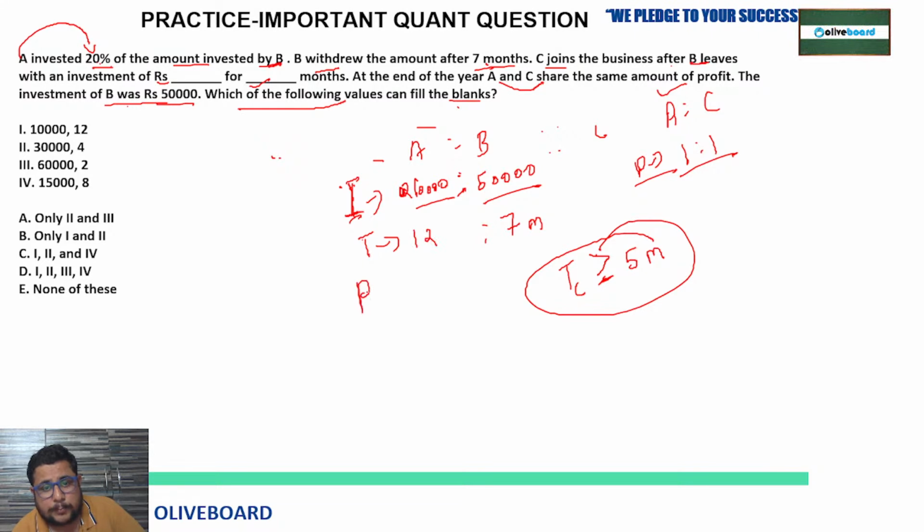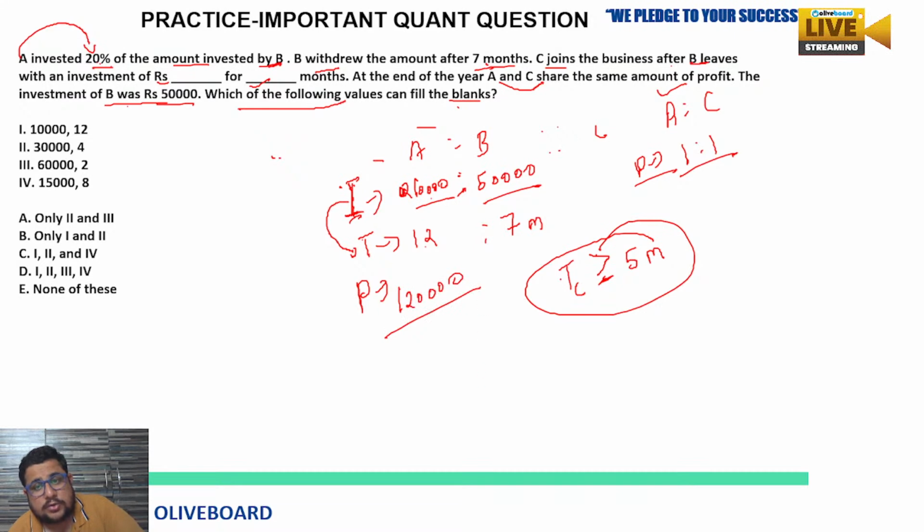Clear? So profit ratio is calculated by what? Investment multiplied by time. So this is 10,000 multiplied by 12, so it is going to be 1,20,000. So the product of investment and time of C also will be the same, that is going to be 1,20,000.